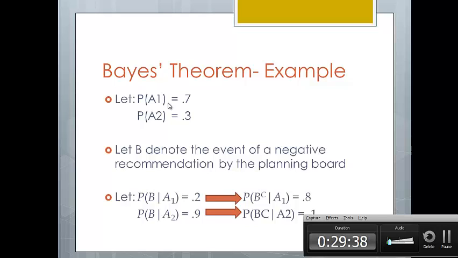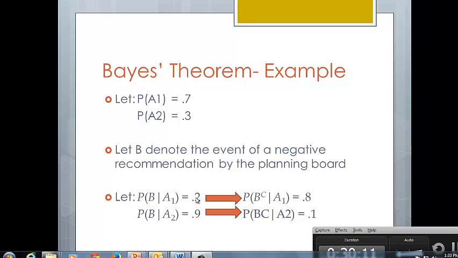The probability that the planning board makes a negative recommendation, given that the town council approved the zoning change, is 20%. And the probability that the planning board gives a negative recommendation, given that the town council disapproved the change, would be 90%. And we can come up with the complements of those events as shown: the 80-20 relationship and the 90-10 relationship.